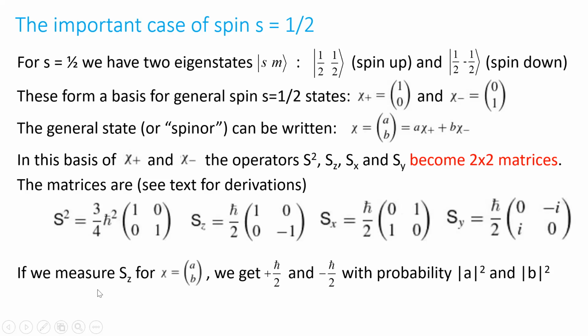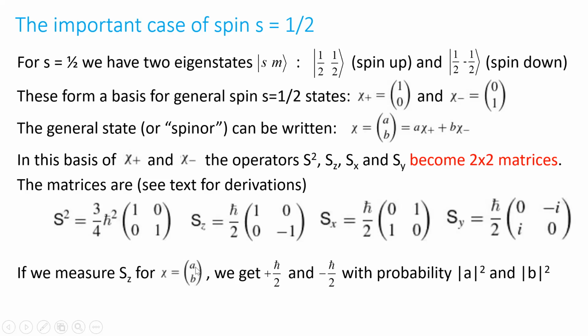So if we measure Sz for a state psi equal (a, b), we have two possibilities. We'll either get plus h bar over 2 for spin up when we measure it, or minus h bar over 2 for spin down, because those are the two eigenstates of Sz.